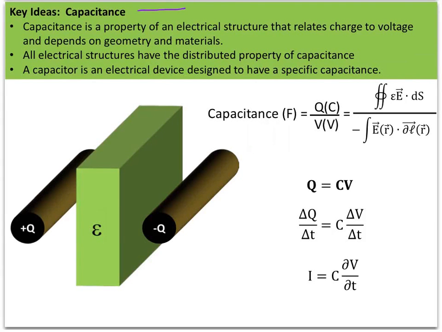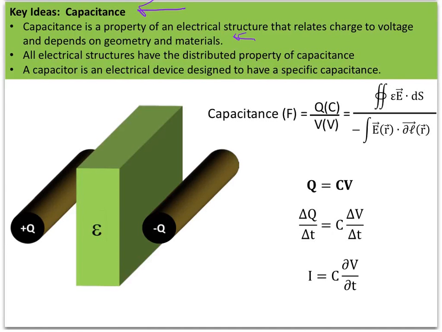And one of the key ideas for this is the idea of capacitance. And it turns out that capacitance is a property of an electrical structure that relates the amount of charge this structure can hold to the voltage you put across it. And this depends really not on the charge or the voltage itself, because the ratio stays the same. It just depends on the geometry of the structure and the materials that are used.